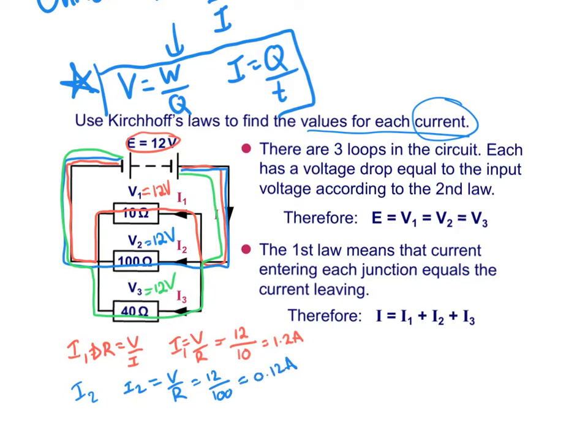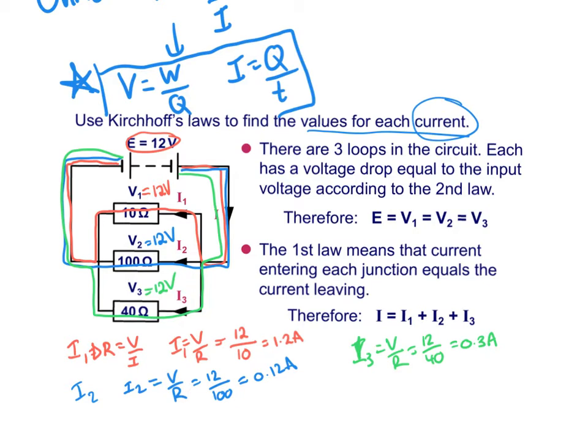And then the last one, I3. To calculate I3, it is V over R, which is 12 volts divided by 40, which will give me 0.3 amps. So I know I1, I2, and I3.